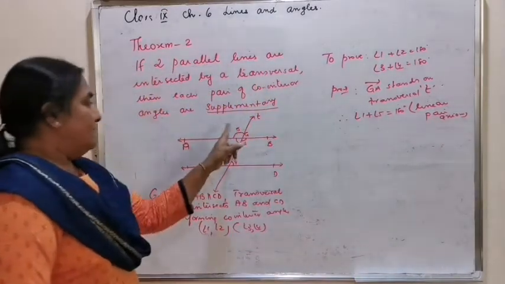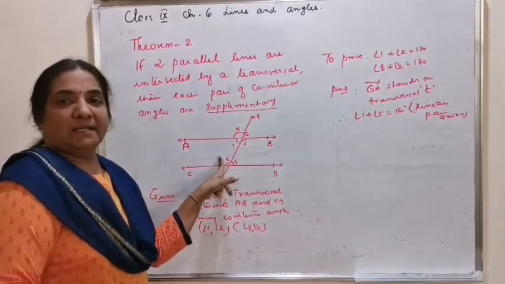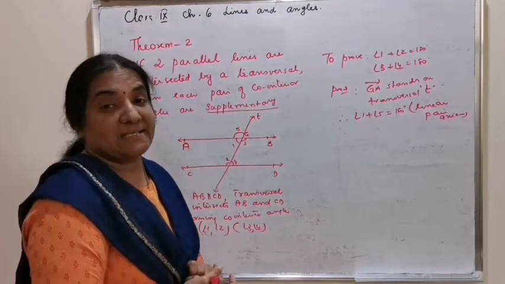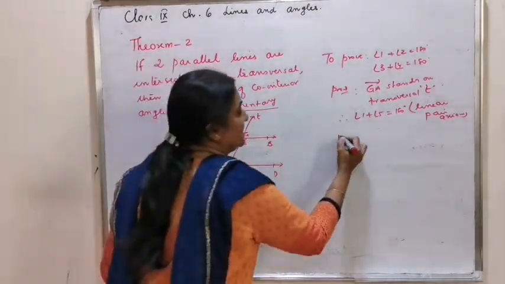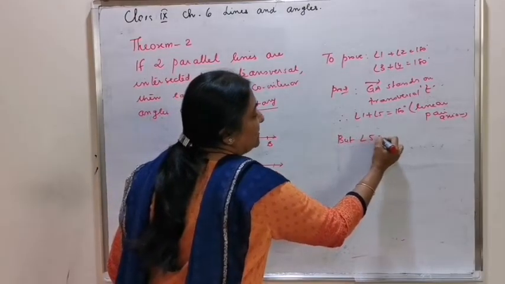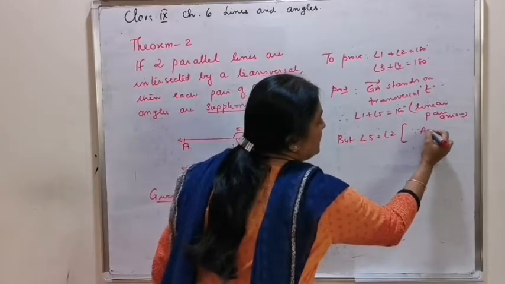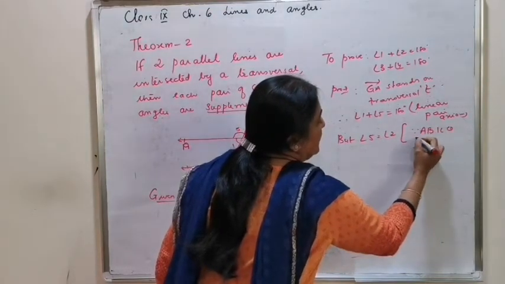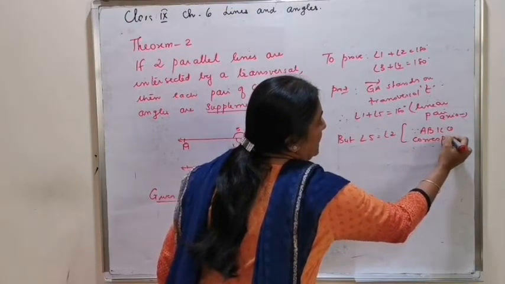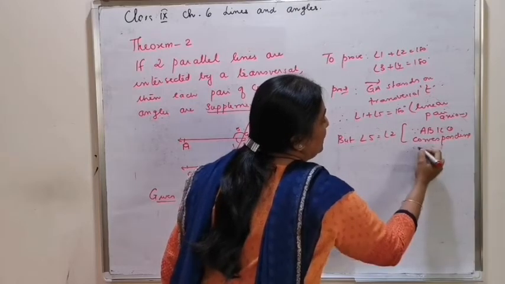Again, 5 and 2 are equal by corresponding angles axiom. But angle 5 is equal to angle 2. The reason is since AB parallel CD, corresponding angles, that is also an axiom.